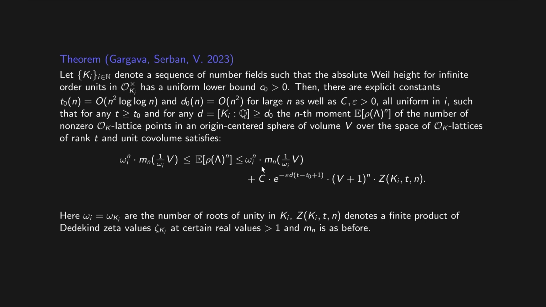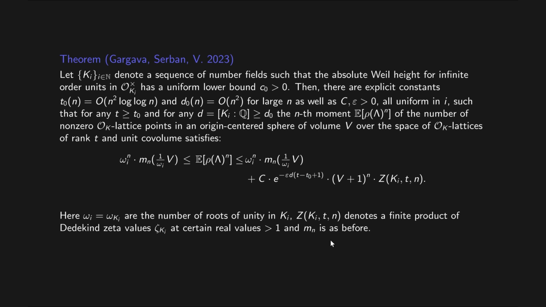Here there are some technical conditions. This bound works if the order of the moment that we are computing is low enough compared to the O_K-rank of our lattice, and the O_K-rank of our lattice also has to be big enough.